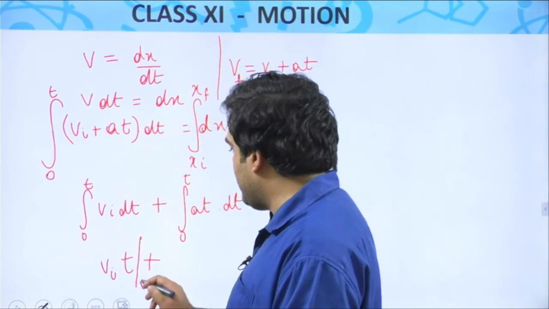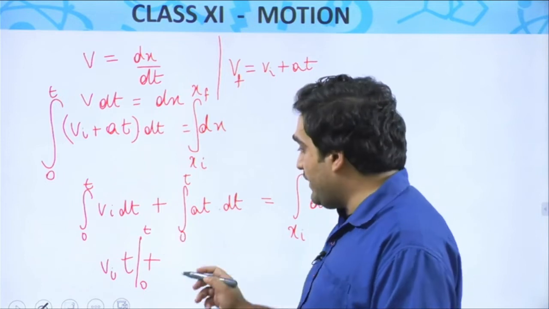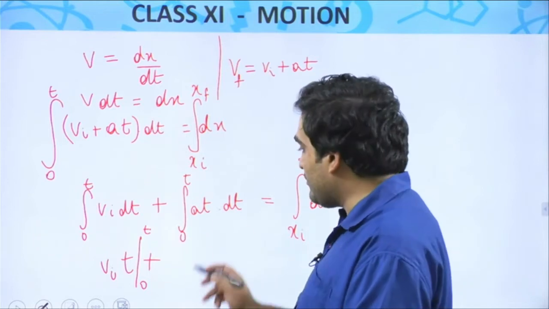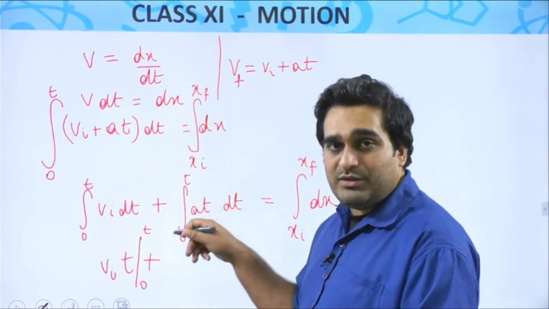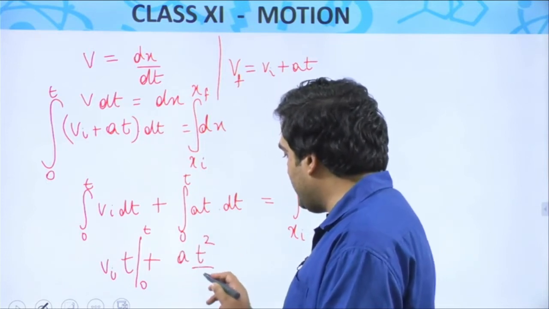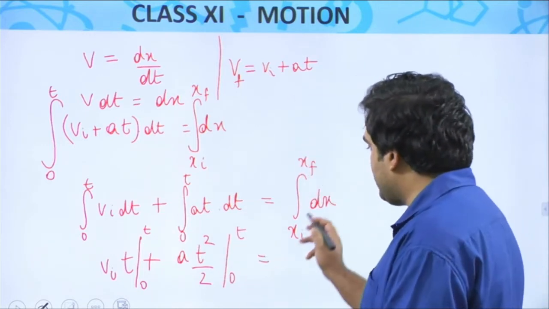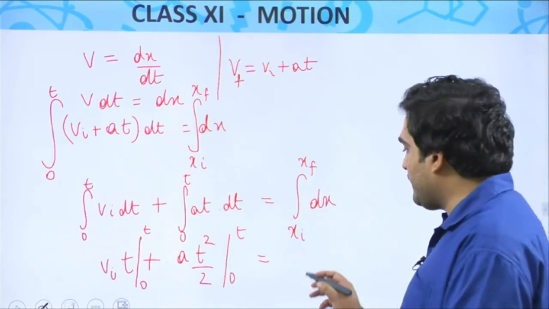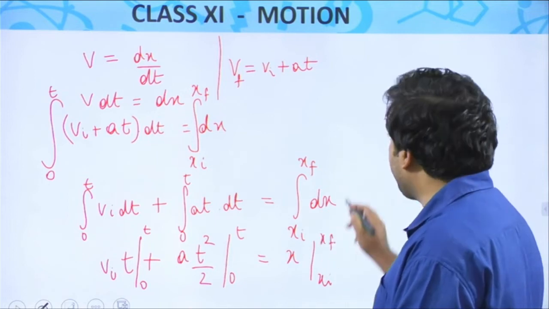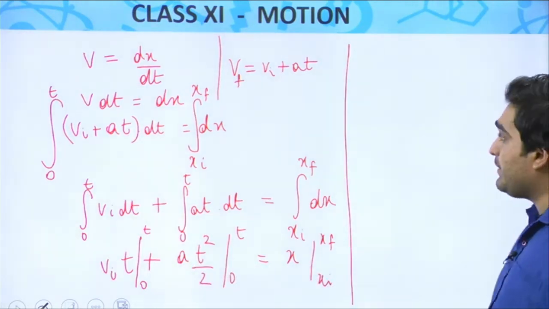So under the limit 0 to t, the integration of at in this case, just like the previous, a is a constant, so we take it outside because you have to integrate only with respect to t. So what you end up with is a t square by 2, again under the limit 0 to t, and this is just dx, so x under the limit xi to xf. All right. Now we apply the limits.